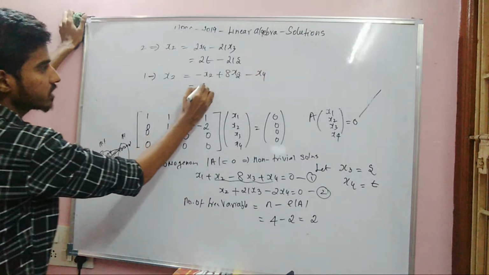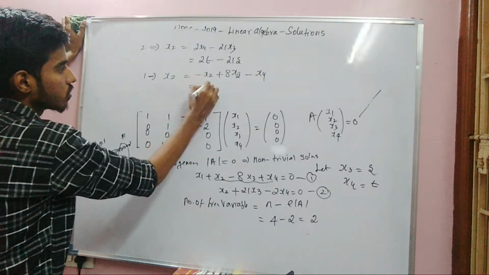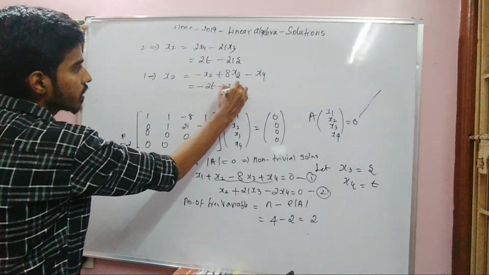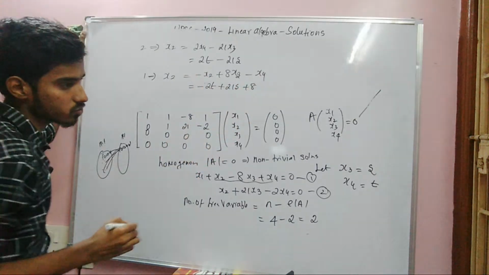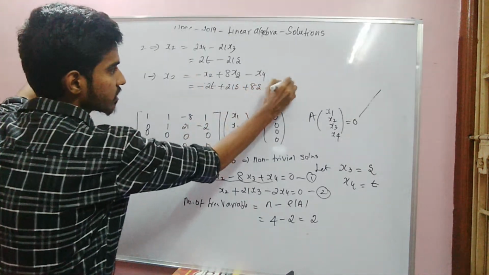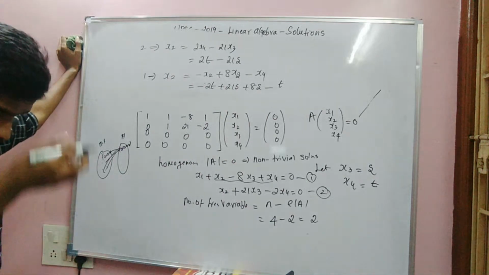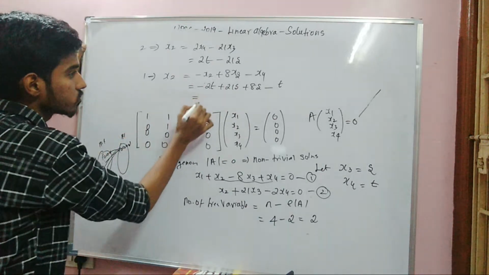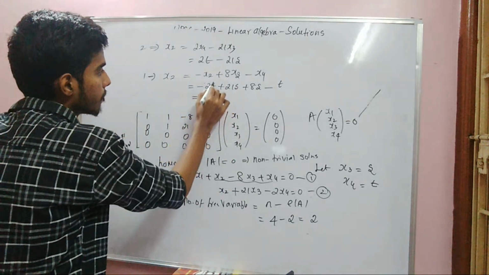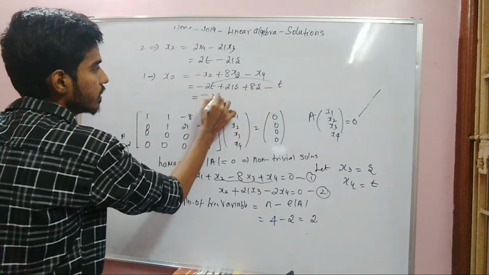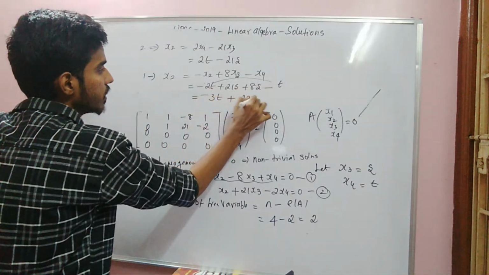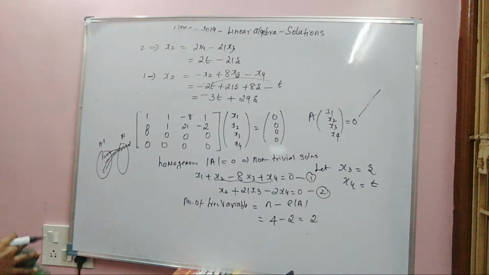Now we substitute x2. So minus x2 will be minus 2t plus 21s, plus 8x3. So x3 is s, minus x4, x4 is t, right? Now you need to simplify this. So you can see this will be minus 3t plus 29s. So we have found the solution set.